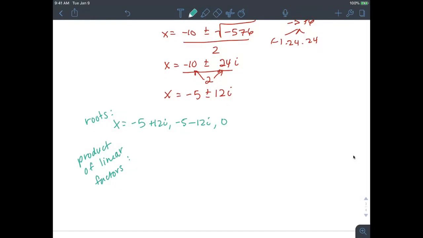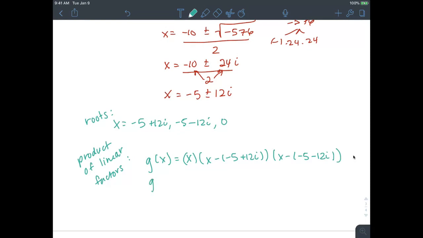I think this is g of x. So g of x is equal to x minus 0 if you want, times x minus negative 5 plus 12i, times x minus negative 5 minus 12i.